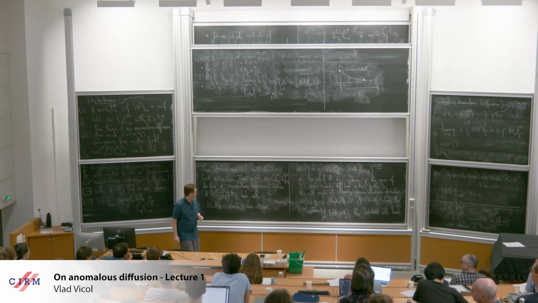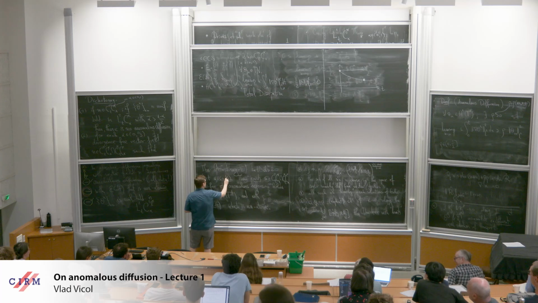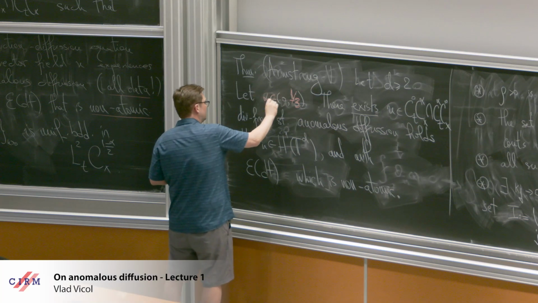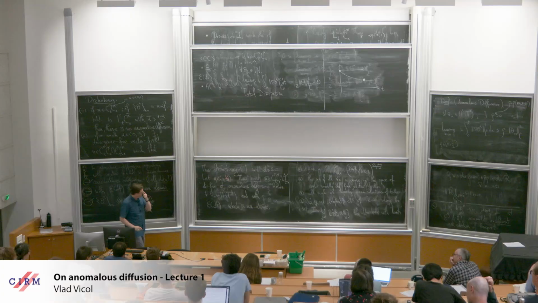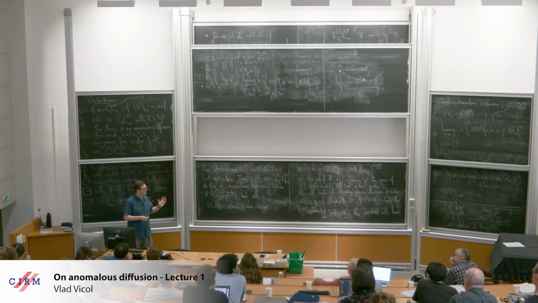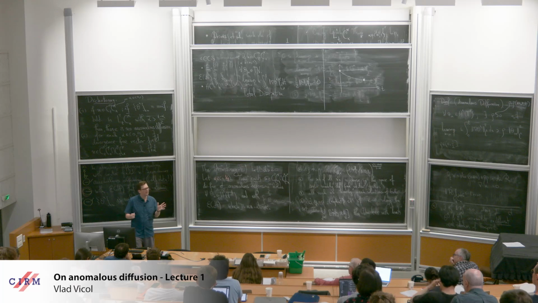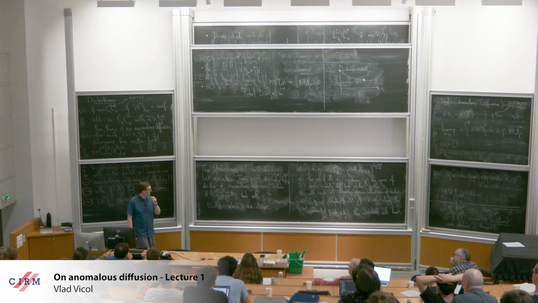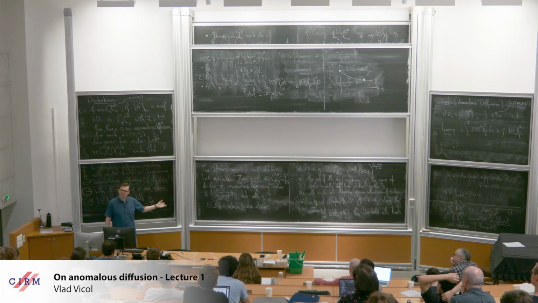You notice alpha is less than a third. In the past many years, 16 years now, or more, there have been a lot of constructions using convex integration, and you may think that that 1/3 is related to the convex integration 1/3.